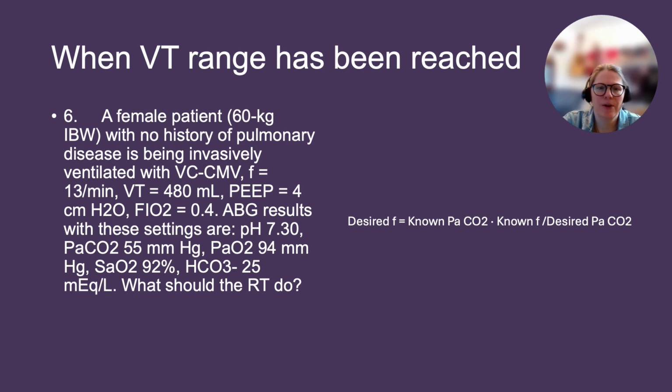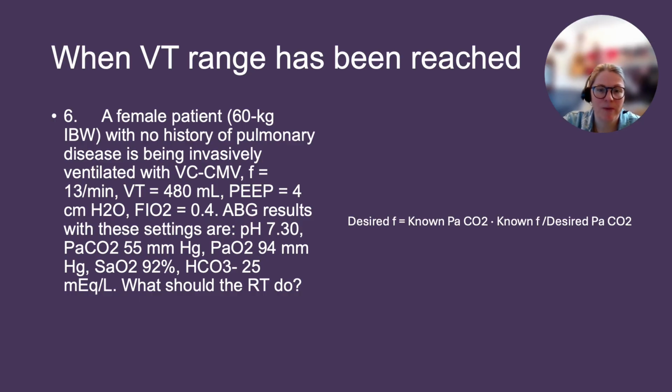All right, what are you supposed to do when your tidal volume range has been reached? Let's read the problem. A female patient with an ideal body weight of 60, no history of pulmonary disease, on the ventilator, volume control CMV, respiratory rate of 13, tidal volume 480, PIP of 4, FIO2 of 40%.